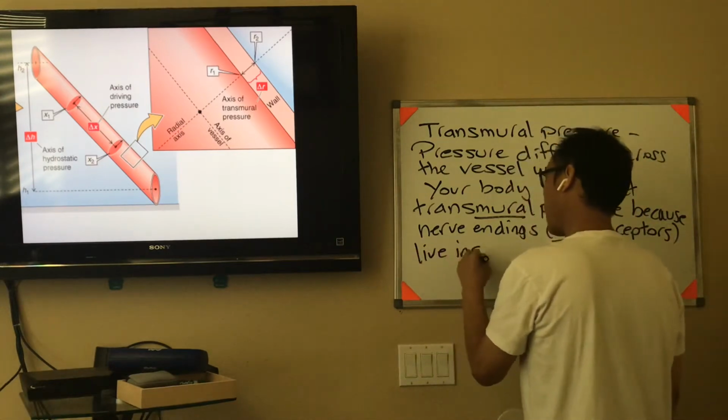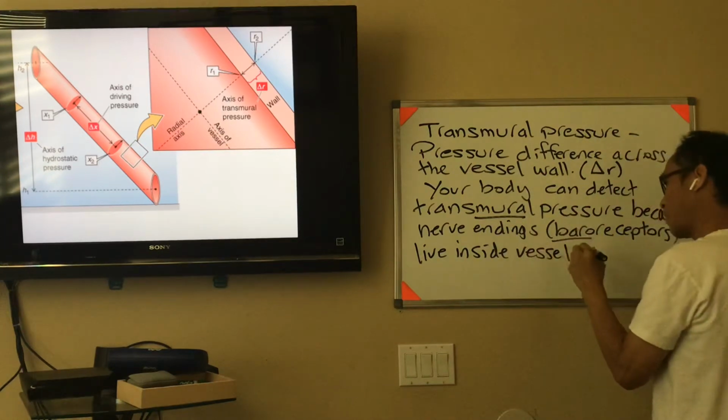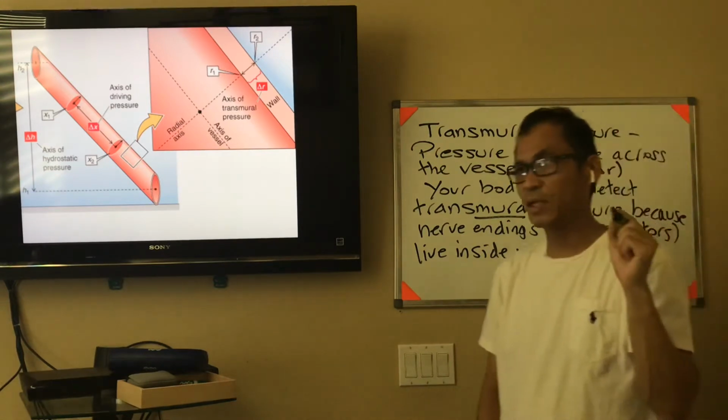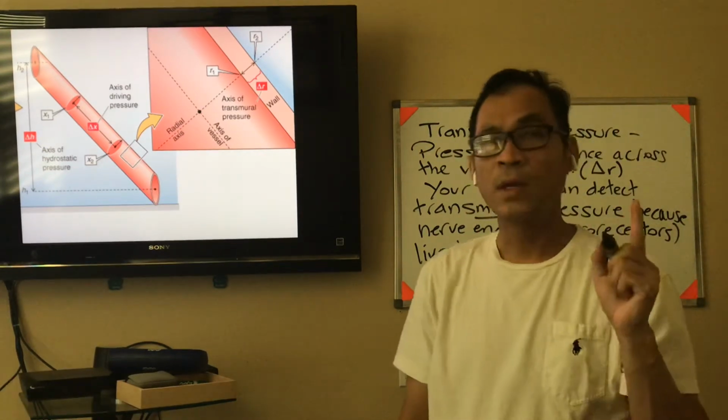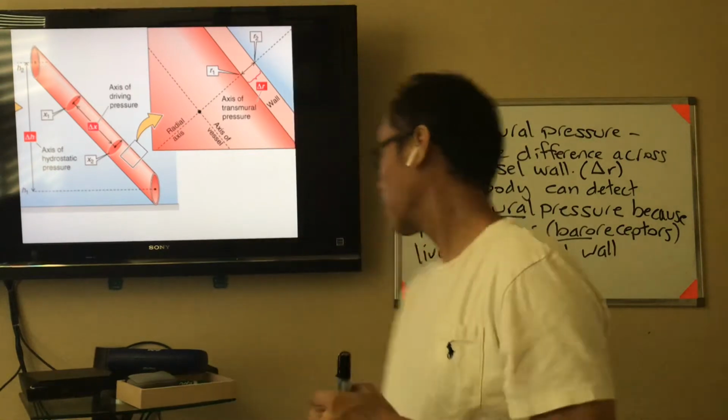They live inside the vessel wall. Now, not everywhere. You don't have baroreceptors everywhere. In fact, there's only two locations I want you to know about, and they're locations in the arteries very close to the heart. One baroreceptor is in the aortic arch. The other is the carotid sinus right here.